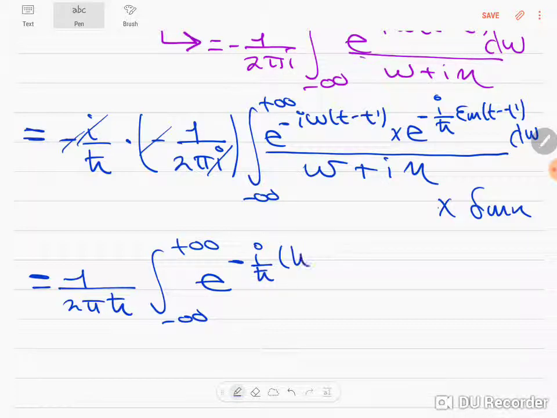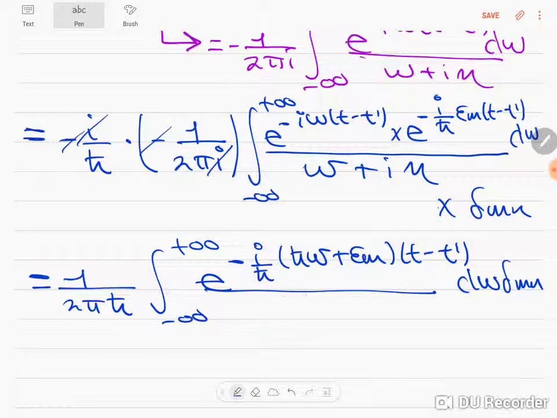Then here I have h bar omega plus E_m, t minus t prime d omega delta mn. Everything here goes divided by omega plus i eta, and then what we're left with here.